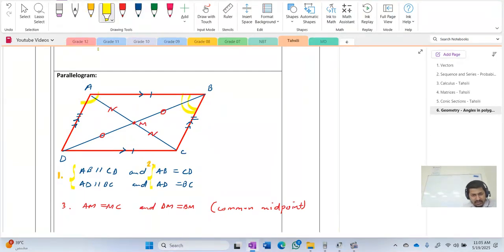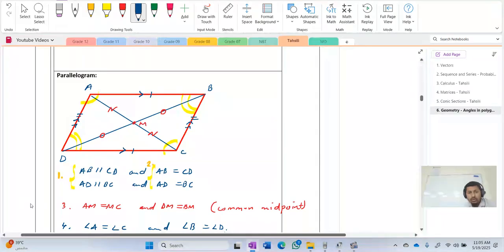Angle A is equal to angle C, and angle B is equal to angle D. That's in a parallelogram, both pairs of opposite angles are equal. So remember, all those properties also apply here, right?